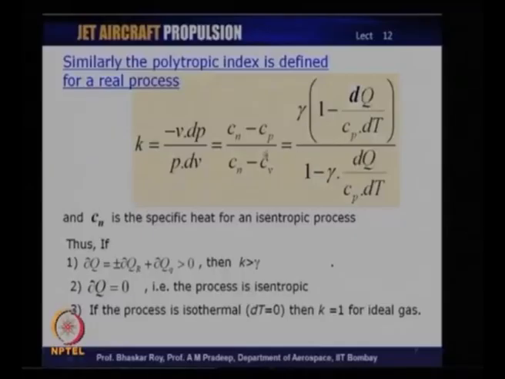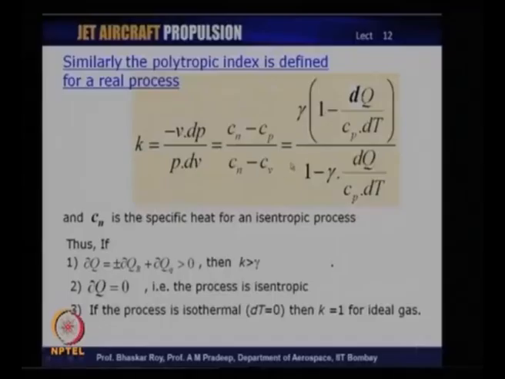And this can now be written down from the earlier equations as Cn minus Cp, where Cn is the specific heat for the process and Cp is that for a constant pressure process, divided by Cn minus Cv.